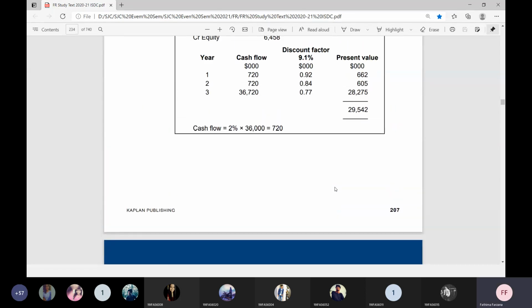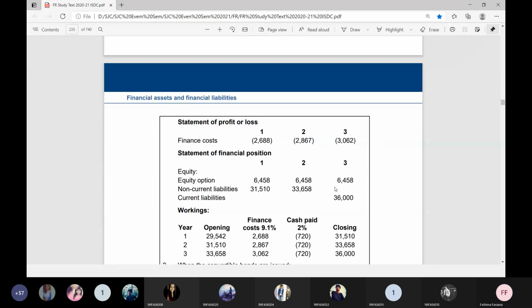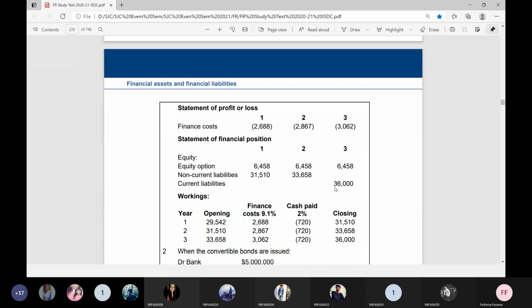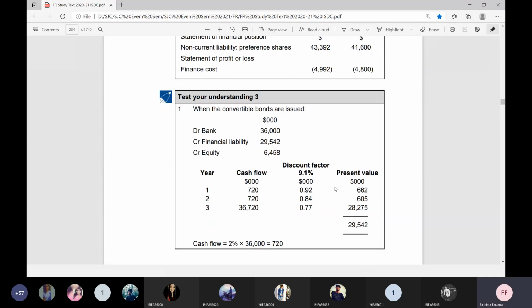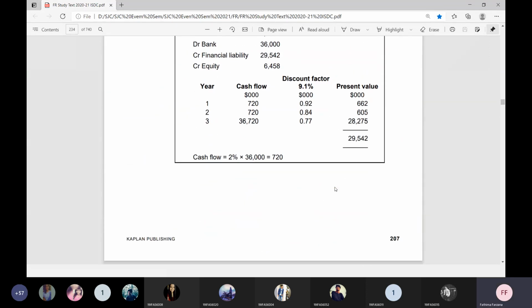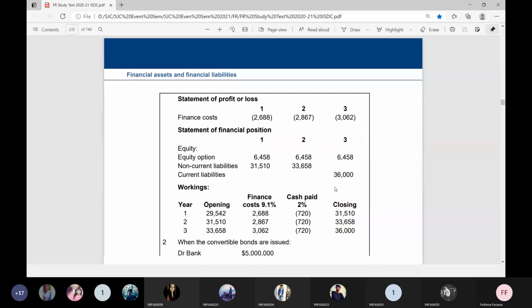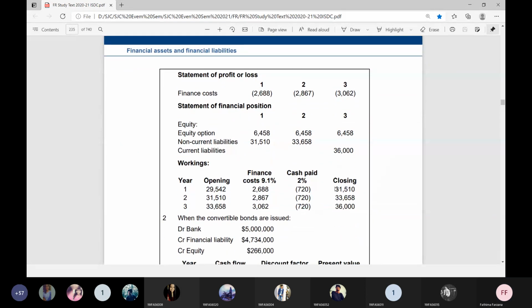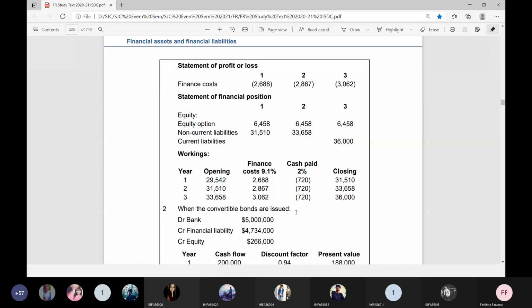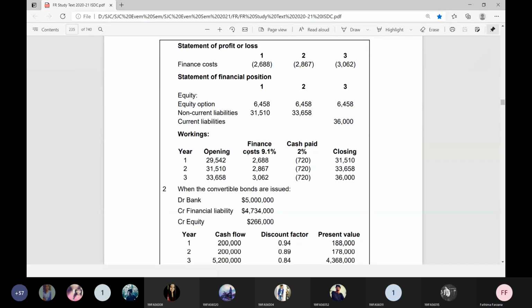Which amount have they taken here? See here, they have taken this as equity, this as the finance cost. Yes, this is a convertible problem.